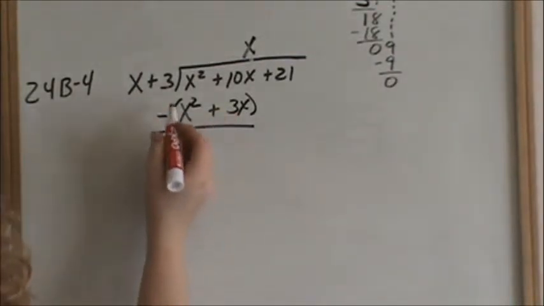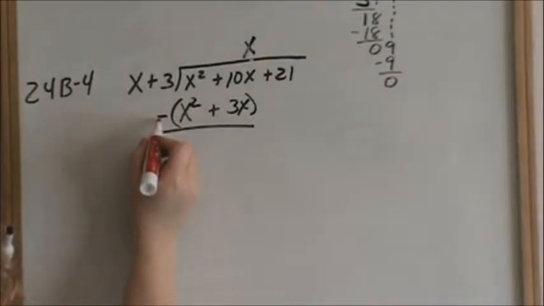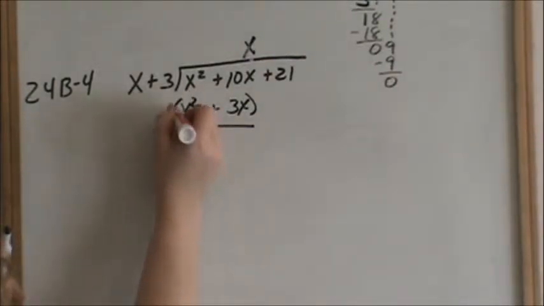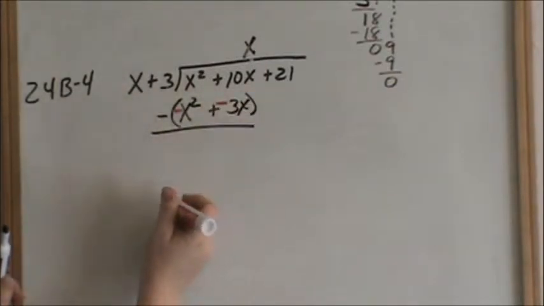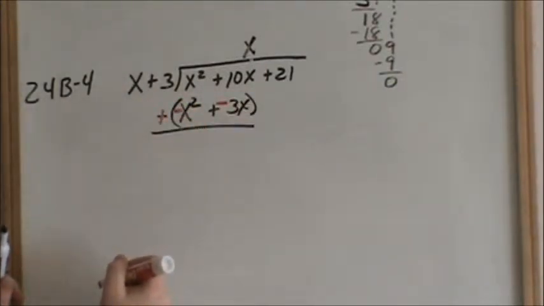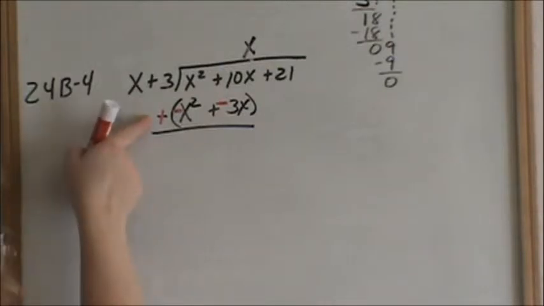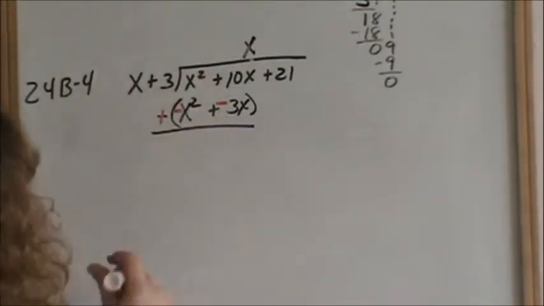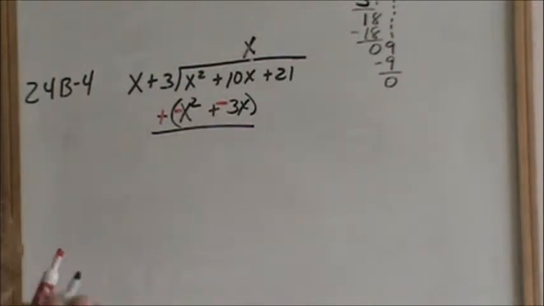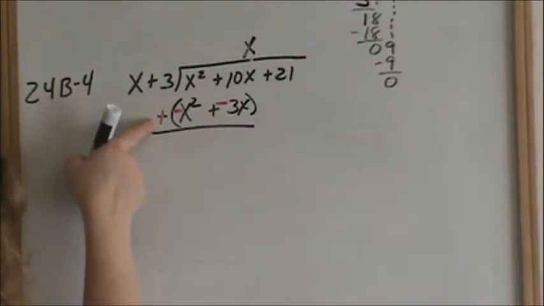Normally, if I distribute this negative to this x squared term, that becomes negative. Now this 3x becomes negative. So I usually change that to a positive sign to show that I have dealt with it. That negative got distributed, this became a negative, that became a negative. Now I'm just basically adding, because this became adding.